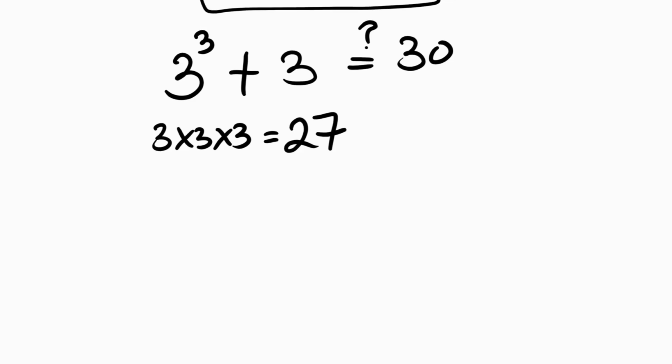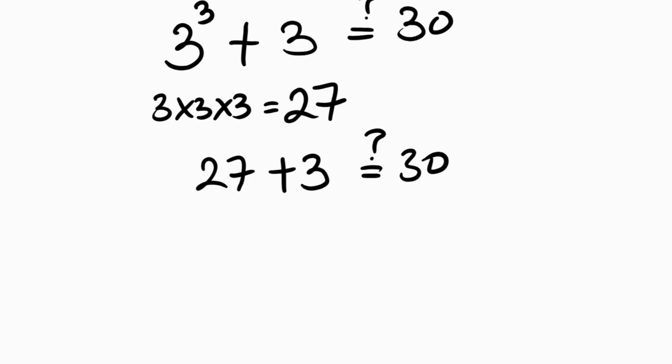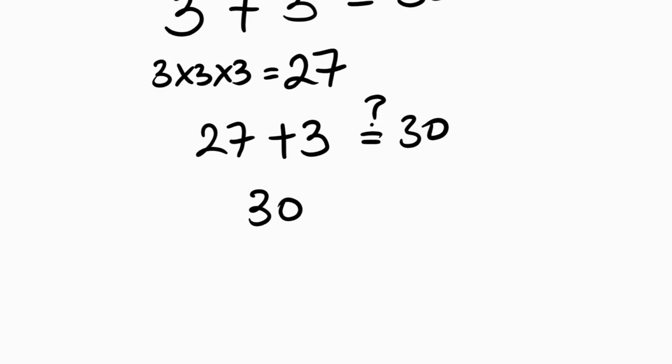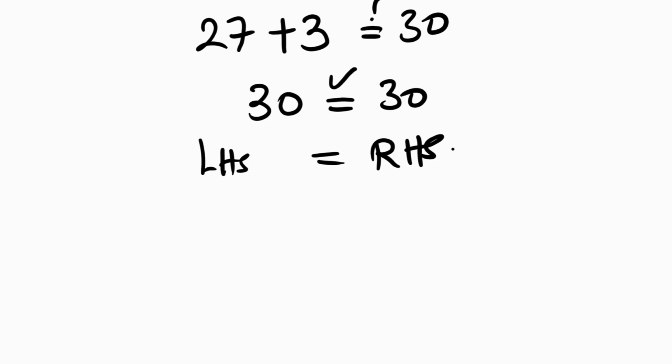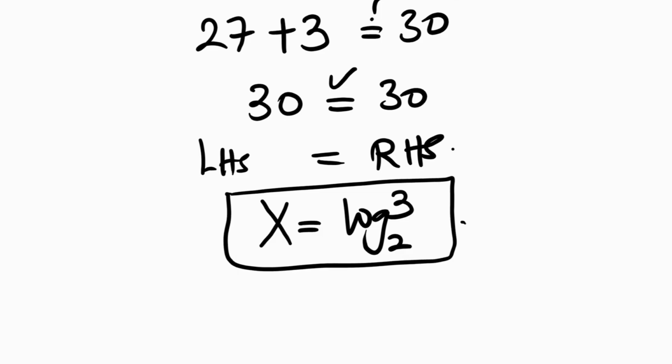Okay, so we have 27 plus 3. And 27 plus 3 is 30. So the left-hand side is equal to our right-hand side. Therefore, our value of x, which is log of 3 base 2, is the correct answer for the question.